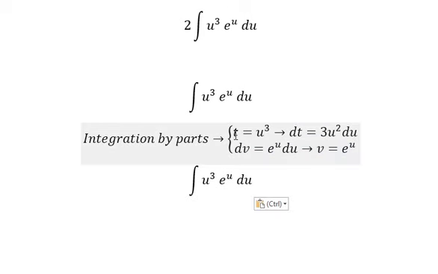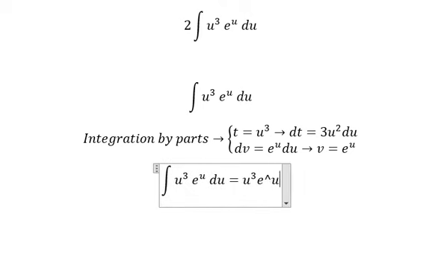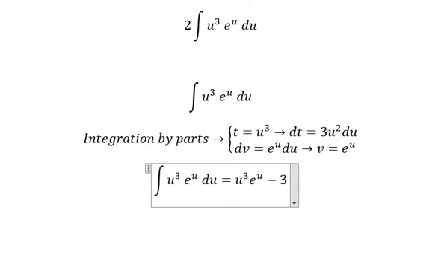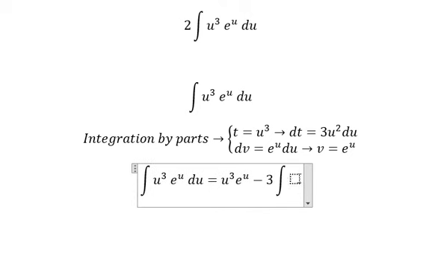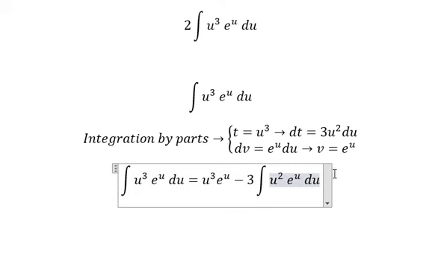So we have t multiplied by v minus v dt. So you get number 3, and we have the integration of u squared e to the power of u du.